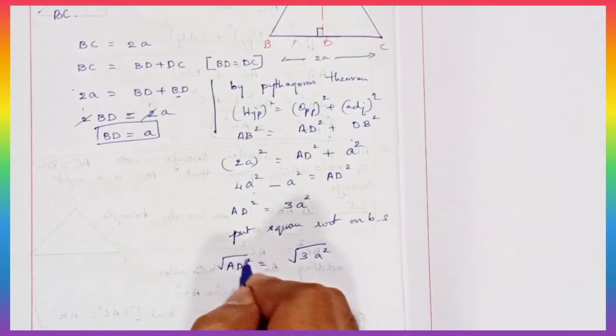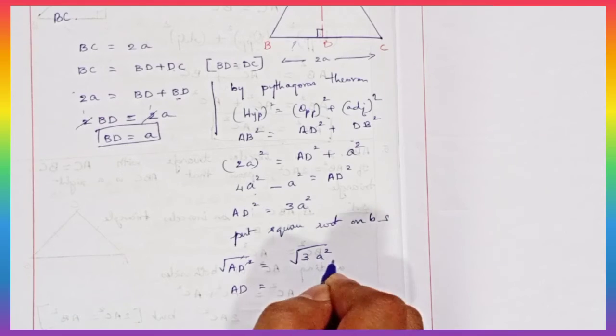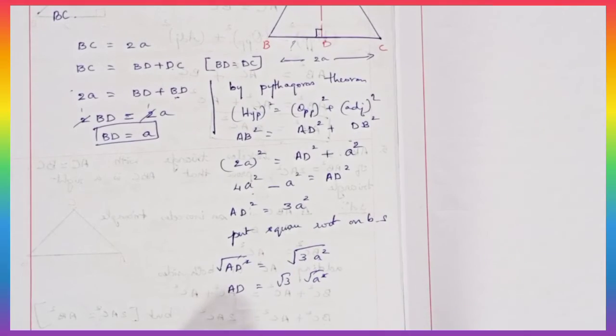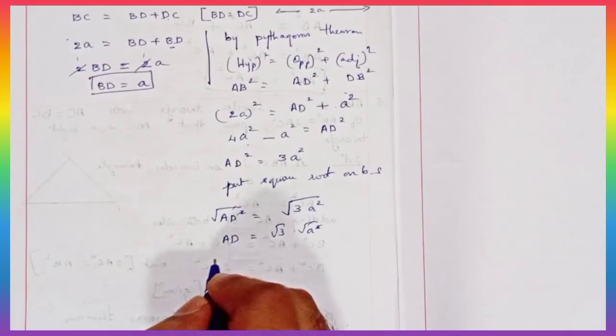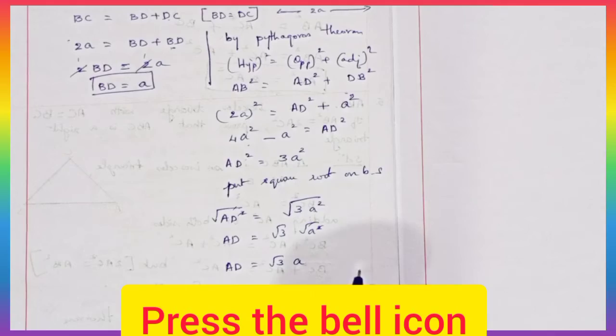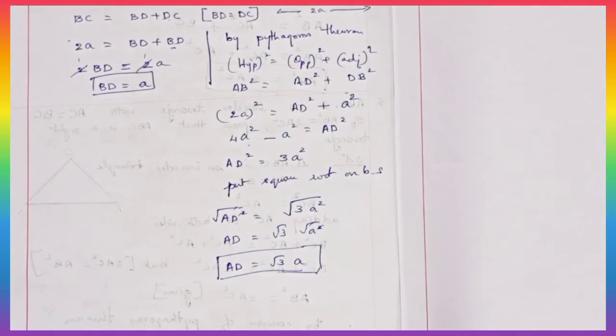Square root cancels, here it is AD. So root is applicable for 3 as well as A square. So it can be written as root 3 root A square. Root and square cancel. So AD is equal to root 3A units. So we found out the length of the altitude. The length of the altitude is root 3A.